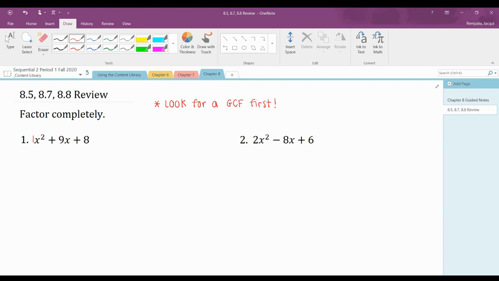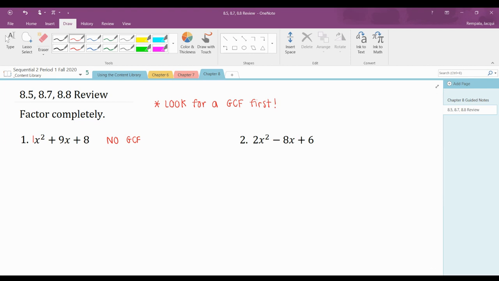So it doesn't look like there's a number that I can take out of all those terms. Then I move on to variables. Well, I have an x squared, an x, and then I just have a number. Because they don't all have a variable in common, there is no GCF. We looked, there just isn't one.